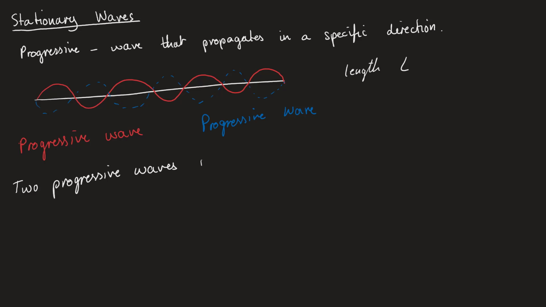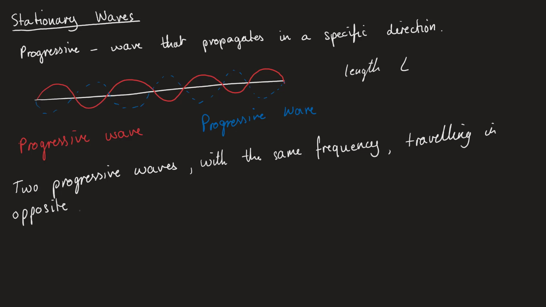So two progressive waves with the same frequency, traveling in opposite directions, superpose. This is the important thing here. If they're superposing, they will constructively interfere in some places and destructively interfere in other places.